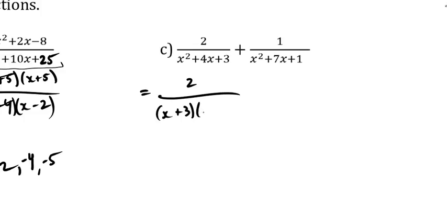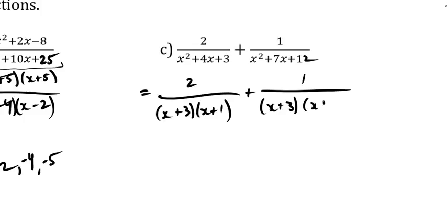Okay, so 2 over x plus 3, plus 1 over x plus 3, x plus 4, with the other denominator factored. Now I can see what the denominators have in common and what they don't. On the left, I have an x plus 3.